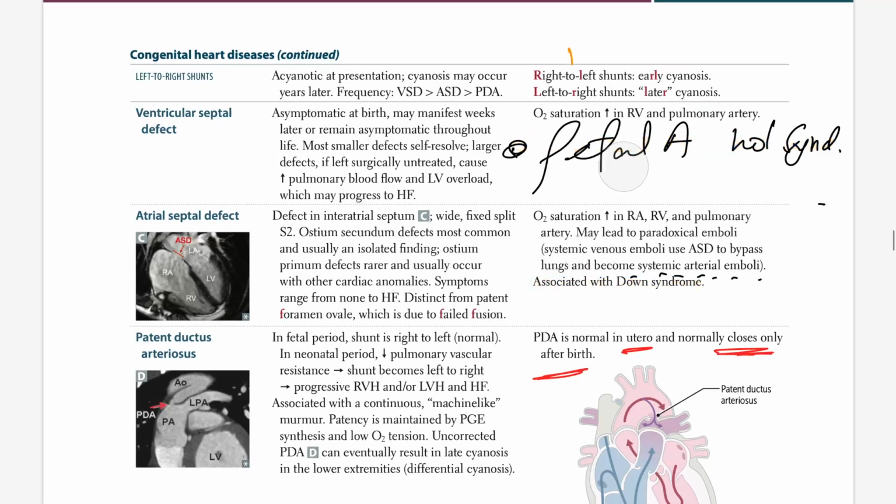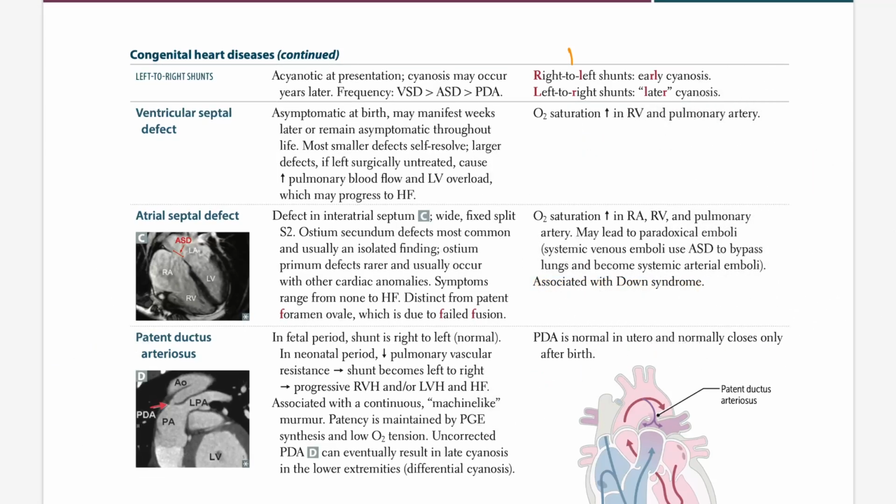What do we have? Simple things. We all are left to right shunts, meaning you will have acyanotic at presentation, but you will for sure have cyanosis years later. VSD most common, then ASD, and then PDA. VSD, if it is smaller, it might self-resolve. Larger, it might be a problem. What is a specific murmur?